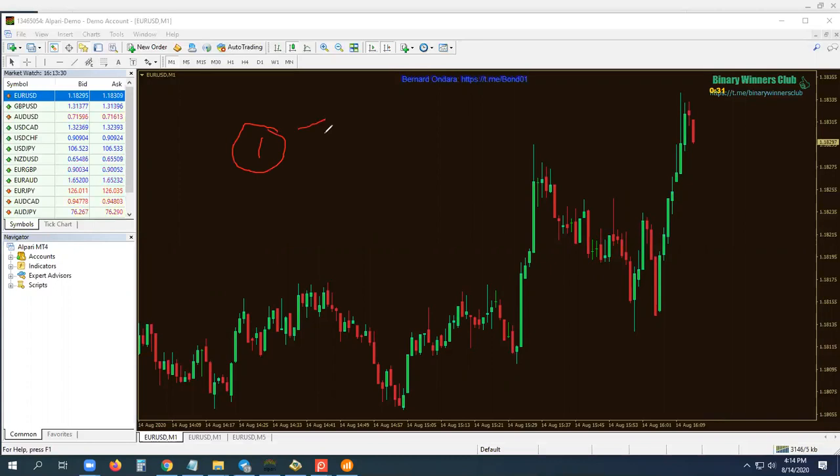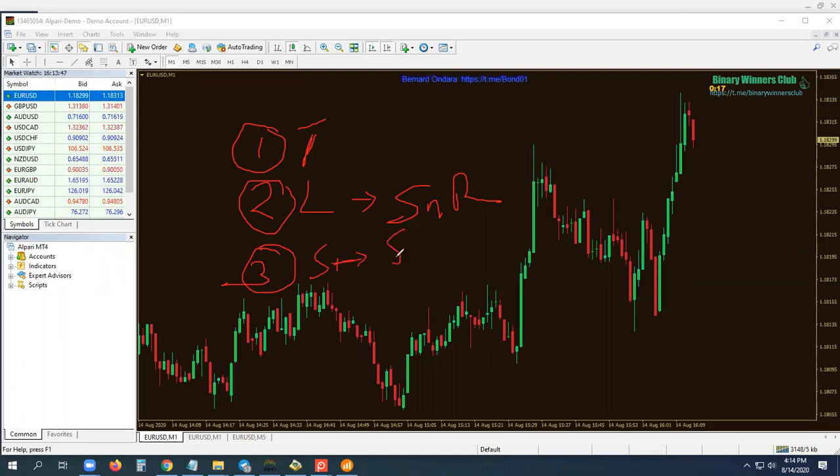Number one, you must have a trend in place. That is T. Number two, you must have a level. Your level here is support and resistance. And number three, you must have a signal. Your S here is a signal, and our signal would be something from a candlestick itself.